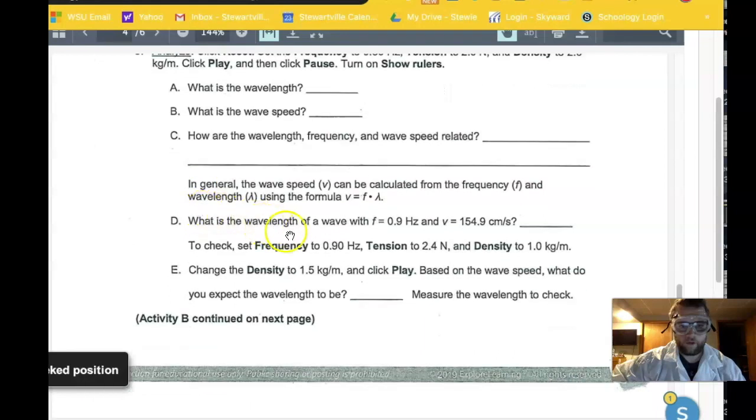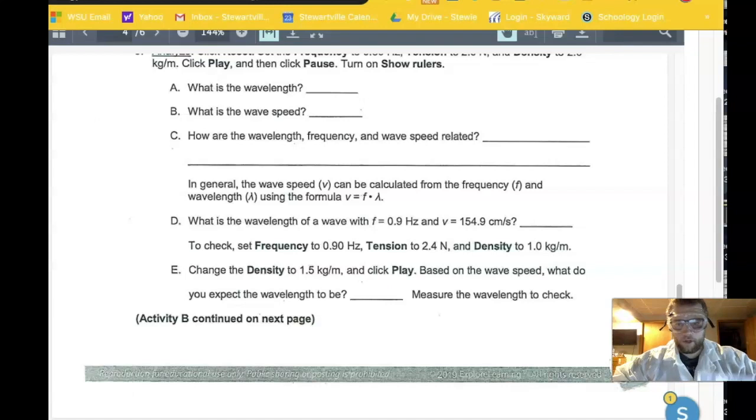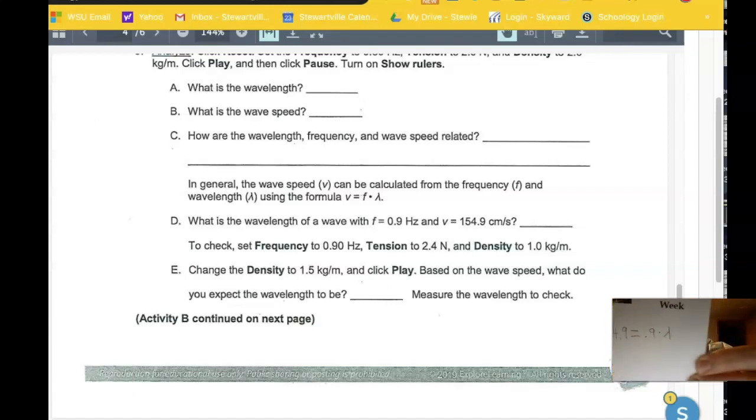D, what is the wavelength of a wave with a frequency of 0.9 Hertz and a wave speed of 154.9 centimeters per second? So if we write that down, it's going to look a little something like this. So what we need to do is 154.9 divided by 0.9.